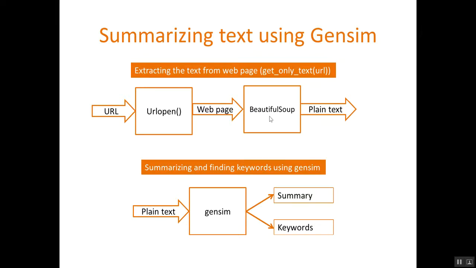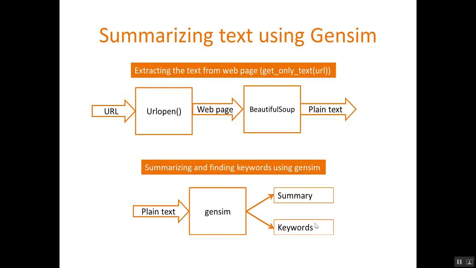So using this function we will get rid of unnecessary HTML tags, and then the end result is the plain text. So the purpose of this module will be taking the URL in and then giving out the plain text from that URL, from that website. Okay, this is first stage.